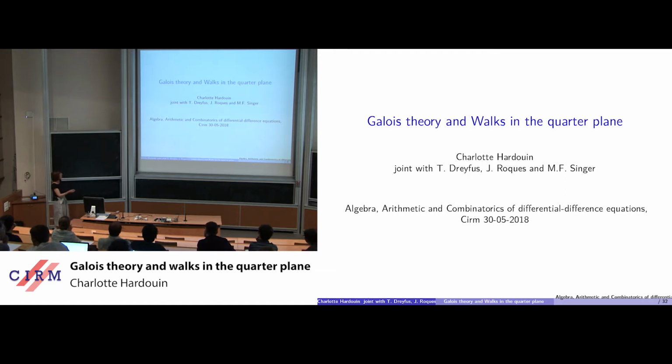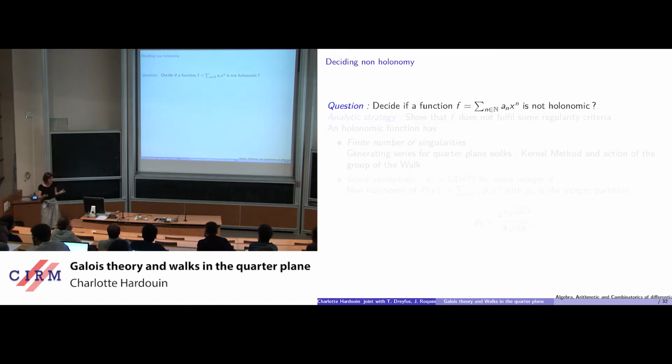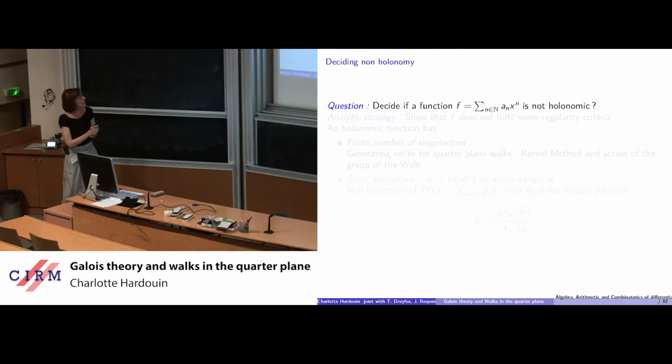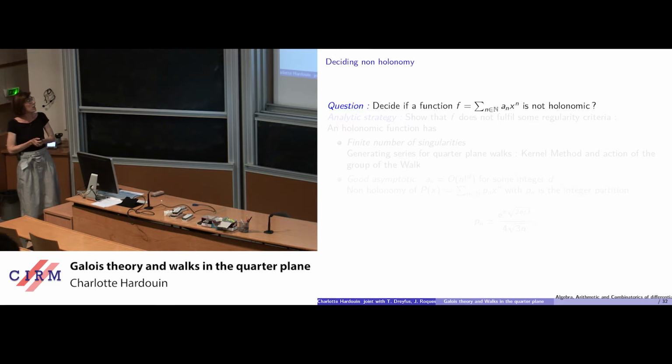So I will address some questions about the kind of relation that can satisfy a function, and I will be first of all interested in trying to decide if a function, which is a power series, is or is not holonomic.